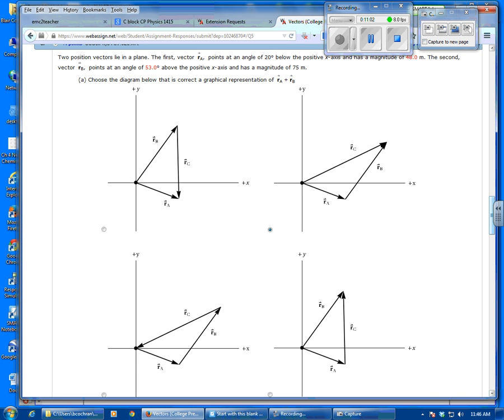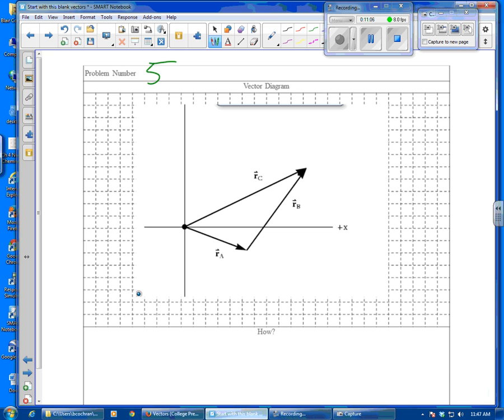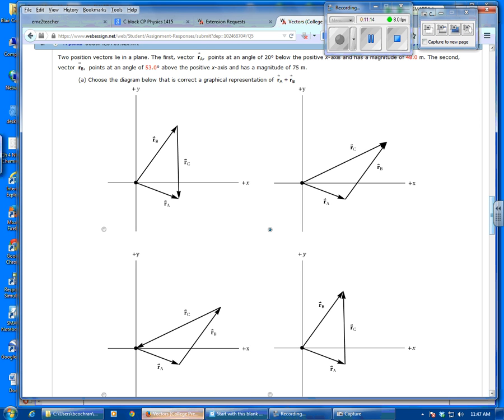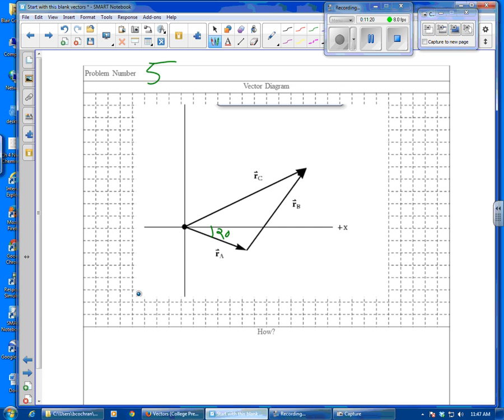Let's see, they tell me that the angle below the axis is 20 degrees. So this little angle in here, they tell me, is 20 degrees. And mine is 48 meters long. Notice that number's in red, so that's different for everybody. So I'm going to replace my RA by 48 meters.